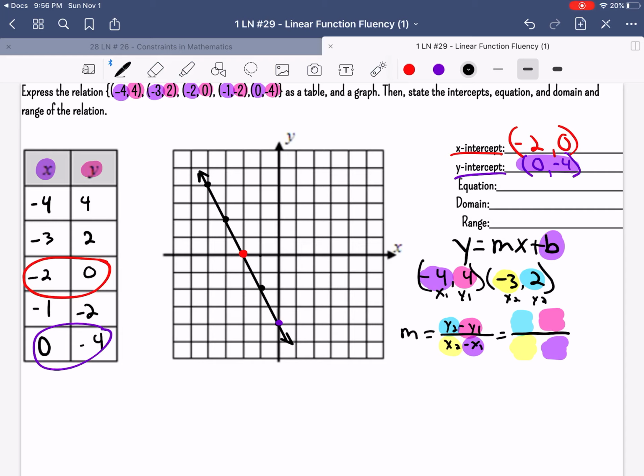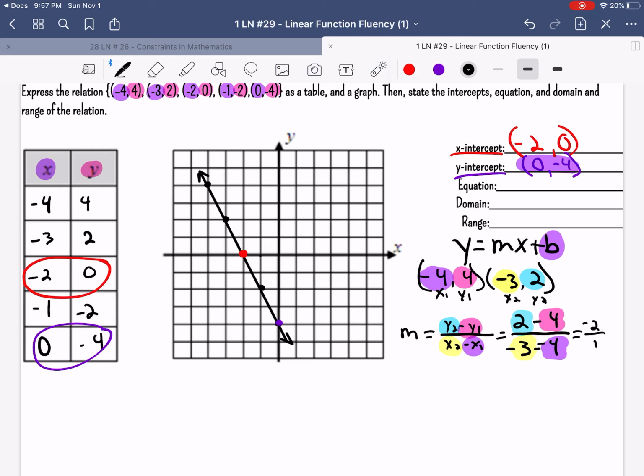So y2 is +2, and y1 is +4, so 2 minus 4, and then x2 is -3, and x1 is -4. So 2 minus 4 is -2, and then -3 minus -4, the two negative signs turn into addition, so it would be -3 plus 4, so that would be 1.